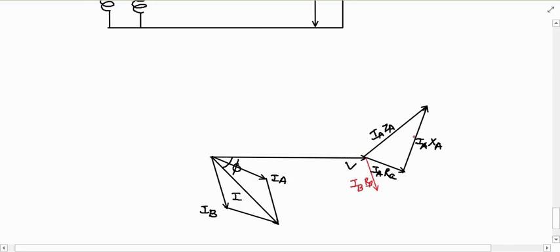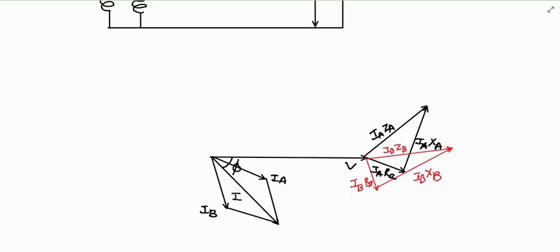Then perpendicular to this will be your IB XB, and vector addition of both will be IB ZB, right? But in actual, what is the EMF?